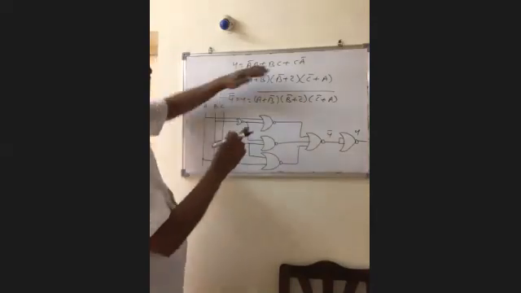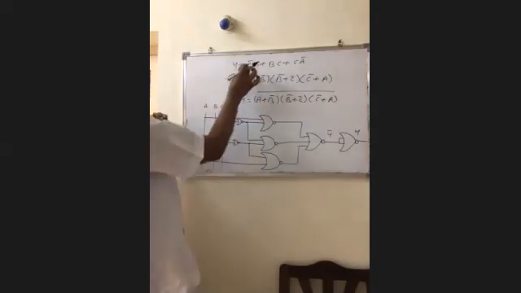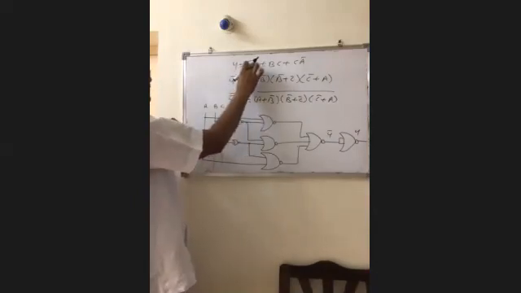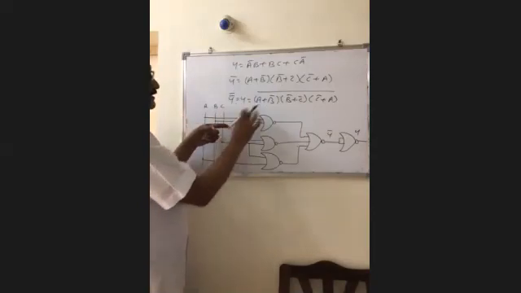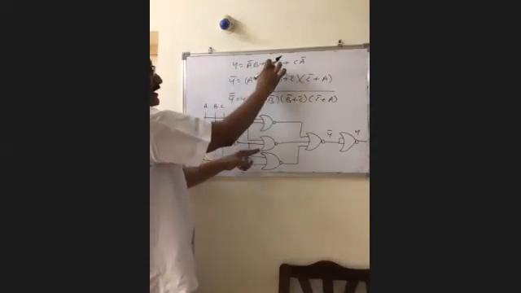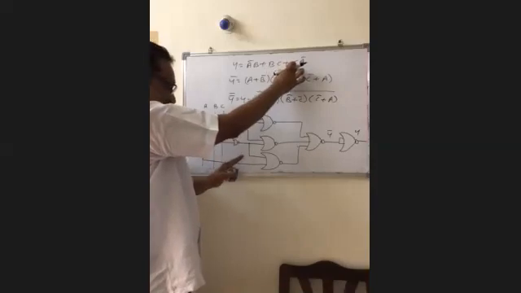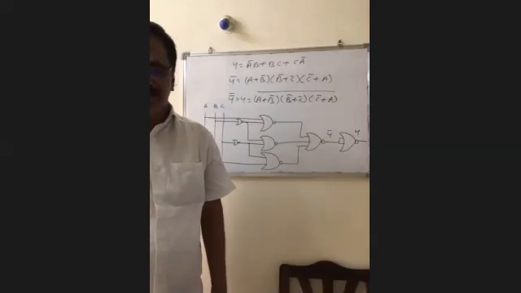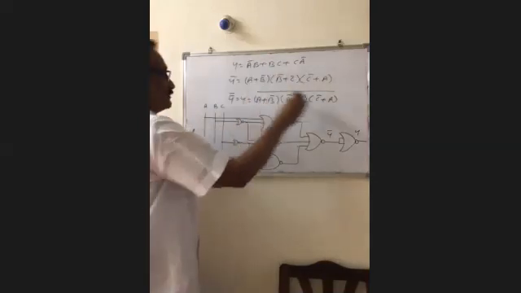Observe not Y bar, observe Y expression. Here A bar B. For the first NOR gate, connect not A bar and B, but A and B bar. For B C, B bar and C bar. For this one, C bar and A. So forget about this part of the explanation.